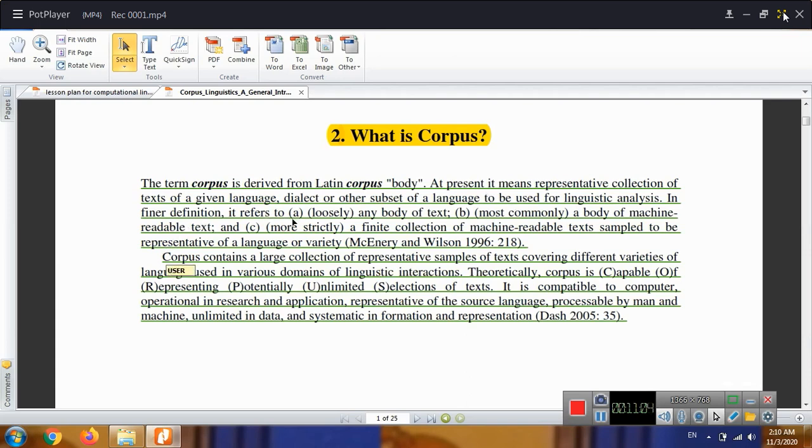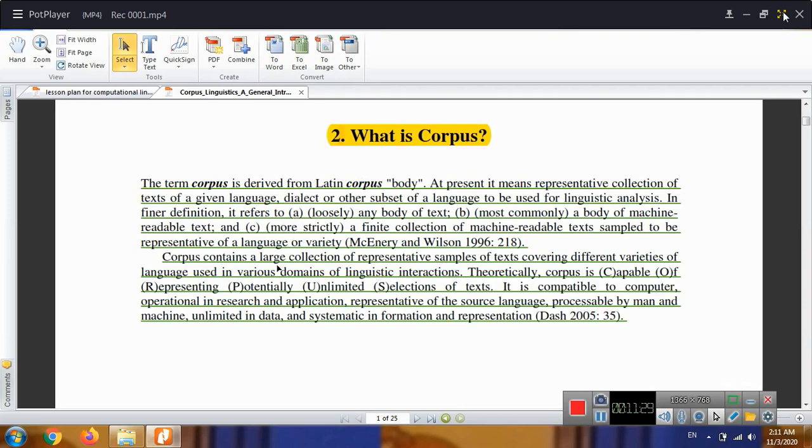In a finer definition, it refers loosely to any body of text, most commonly a body of machine-readable text, and more strictly a finite collection of machine-readable text sampled to be representative of a language or variety.